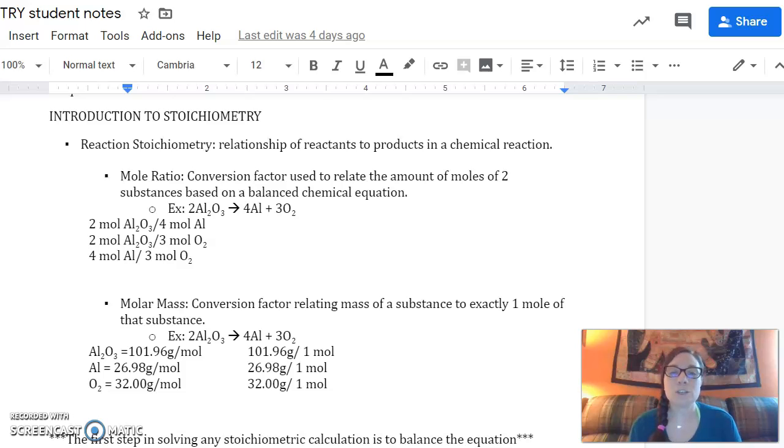You're still going to be using your mole ratios to convert one substance into another substance. Those come from your balanced chemical equation, and you're still going to be using your molar mass to convert the mass of something into moles or the moles of something into mass.